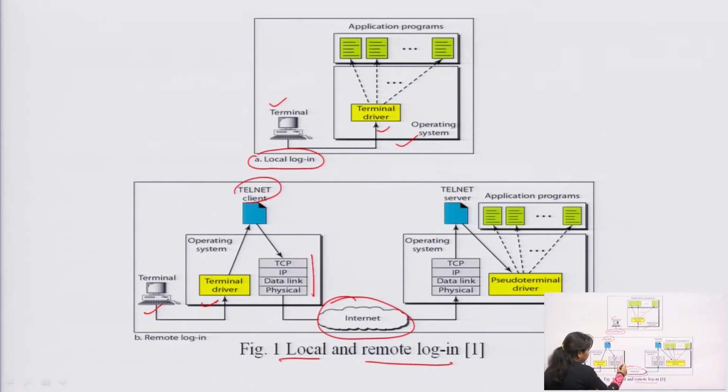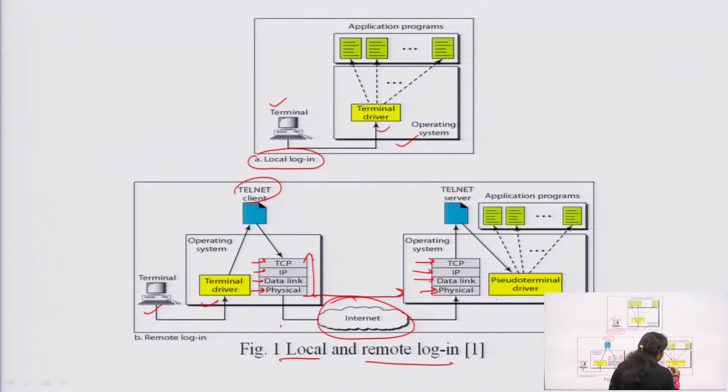There are different layers, which are the TCP, IP layer, data link layer and physical layer. These are the layers through which the packet will be transmitted and the frame will be formed. This frame will travel over the internet and be received at the physical layer, then data link layer, IP and TCP. This is the procedure of how the information is transmitted from this point to this point, and then this is the pseudo terminal driver which has access to this application program.